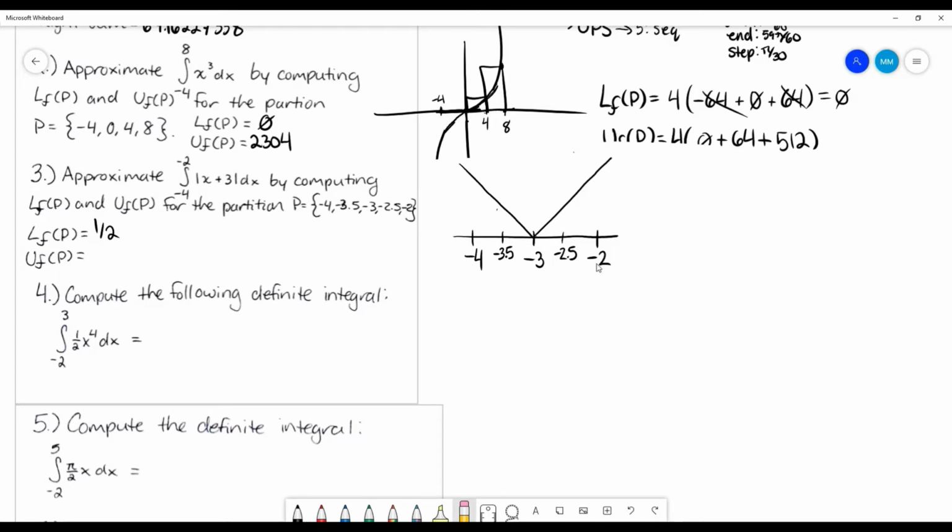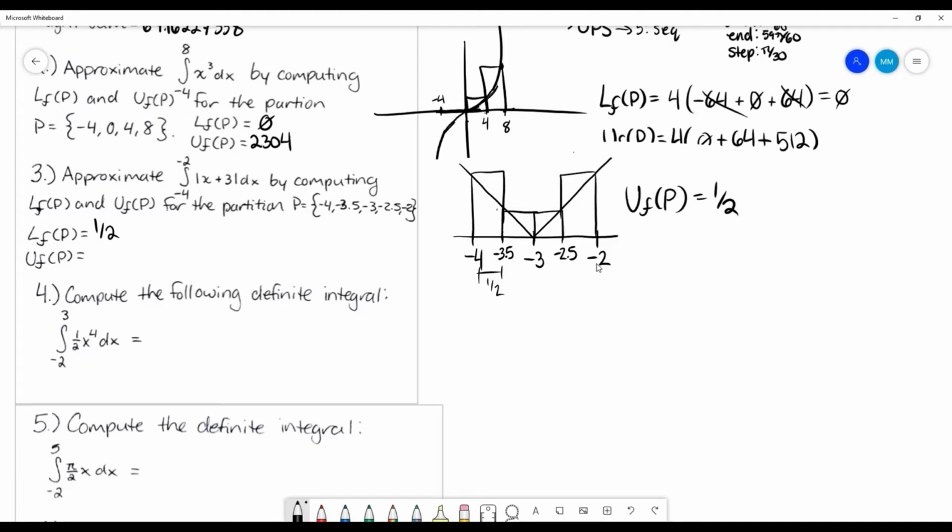Let's try our overestimate now. So it's going to look more like this. So we've got a little more happening. So still got that 1/2, and we can actually factor out that first 1/2, which is the distance between them, right?